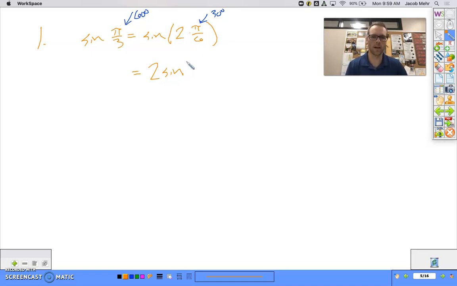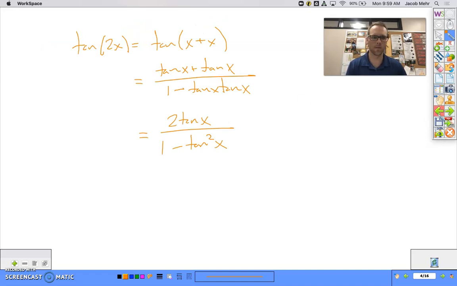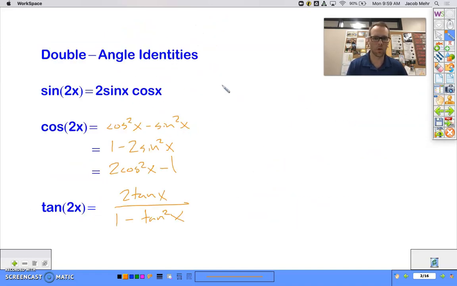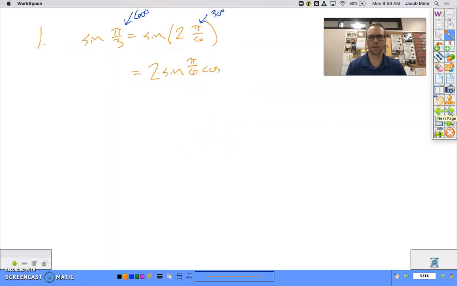So I take sine of pi over 6 times, continuing on with my identity here, times the cosine of pi over 6.